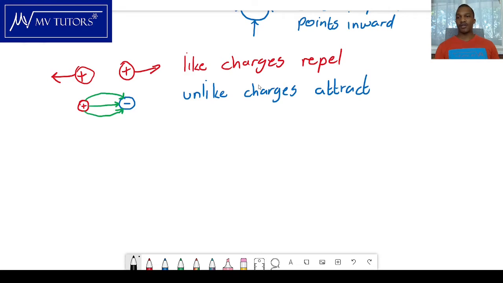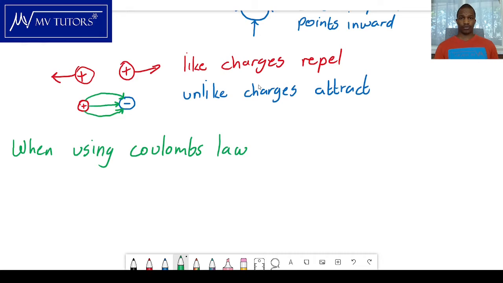The signs we only consider to tell us whether the force is a force of attraction or a force of repulsion. Let me put that in words in case you didn't understand: when using Coulomb's law, we do not consider the signs.